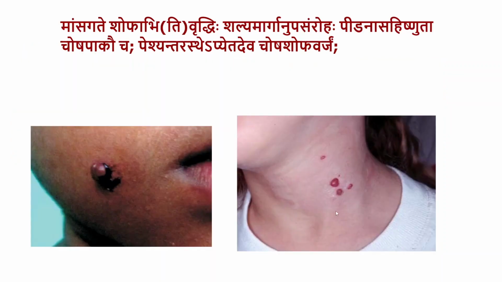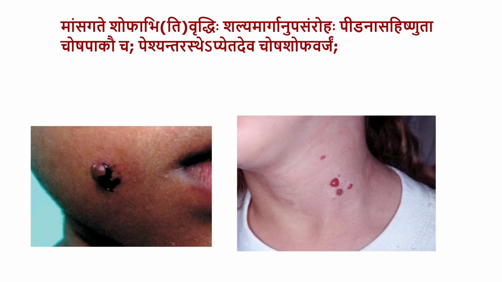Mansagate, when it is much deeper, at the deeper fascia level: Shofa Vivruddhi, Shalyamarga Anupasamah, Pidana Asahisnuta, Chosha Pakoja, Peshantarasthe. When it's in the deep fascia level, the track of the shalya, the track through which the injury has occurred, may not heal easily.